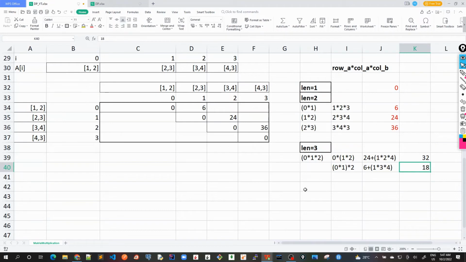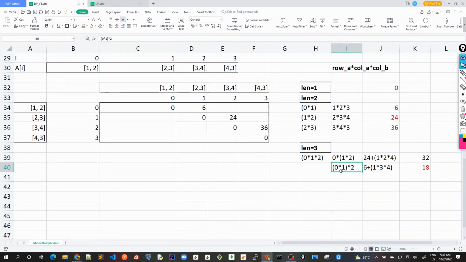Now we have to choose, for this combination 0, 1 and 2, what is the minimum cost of operation involved here. If we either choose this option or this option, we see that 18 is less than 32. So this is the best way, the minimum cost, when we use this type of formula.